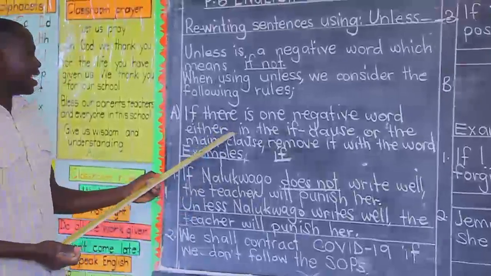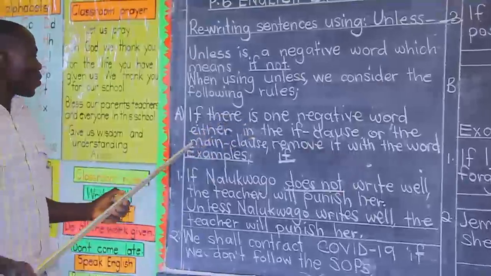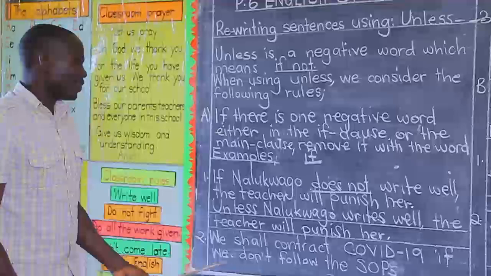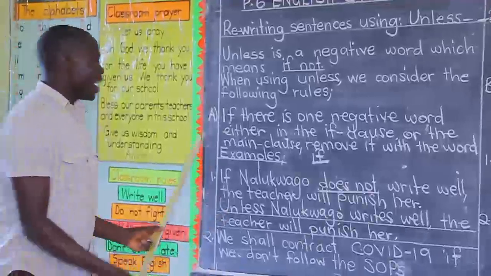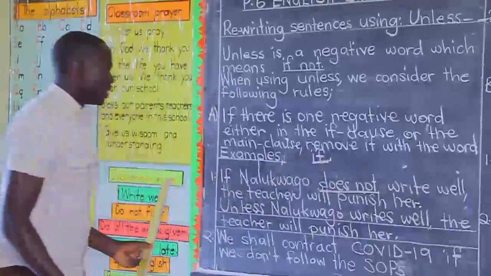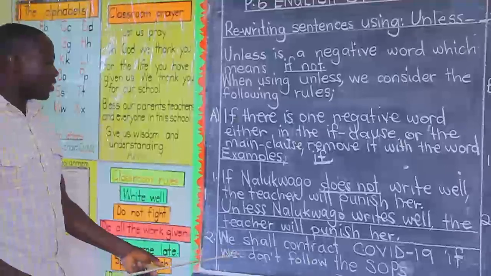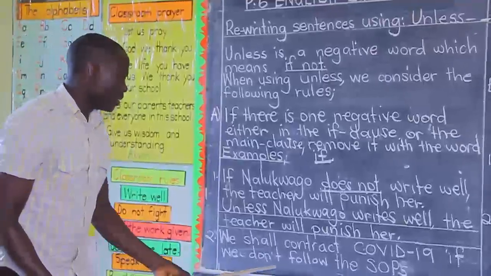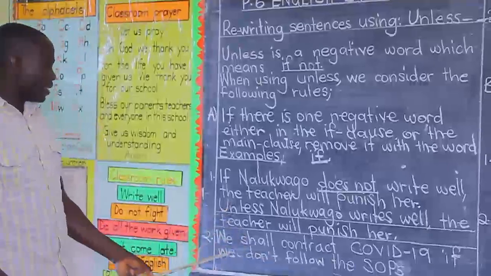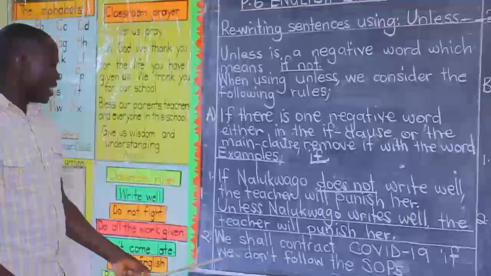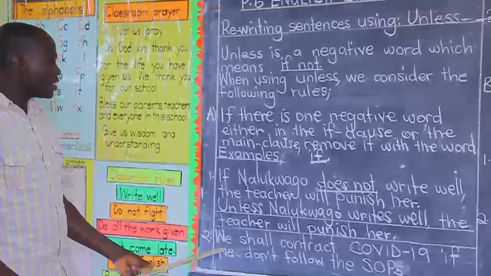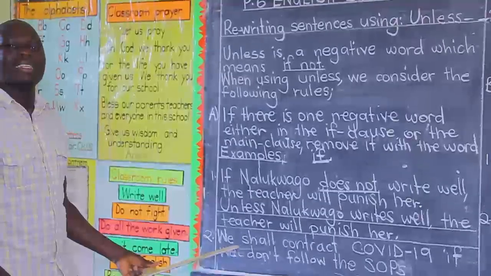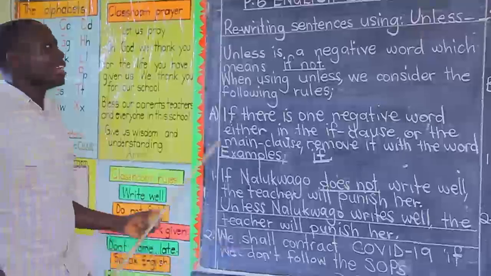So what do we do? Our rule still says if there is one negative word, either in the if clause or the main clause, remove it with the word if. Now we are saying we shall contract COVID-19 if we don't follow the SOPs. Since we are using unless at the beginning, here we shall say, unless we follow the SOPs, we shall contract COVID-19. You see that?